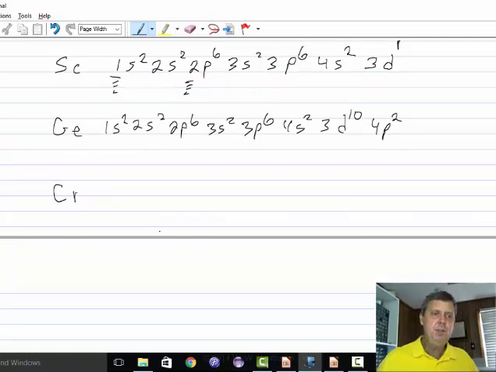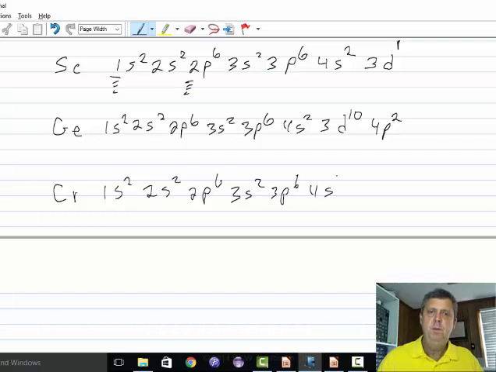Chromium, we expect to be almost the same as scandium. So 1s2, 2s2, 2p6, 3s2, 3p6, 4s2, and we expect this to be 3d4.